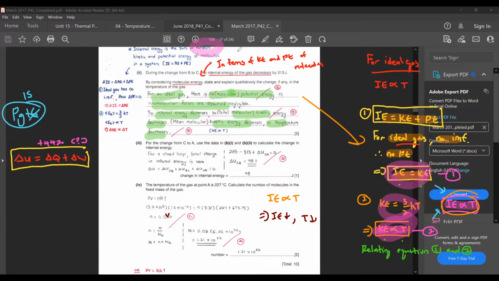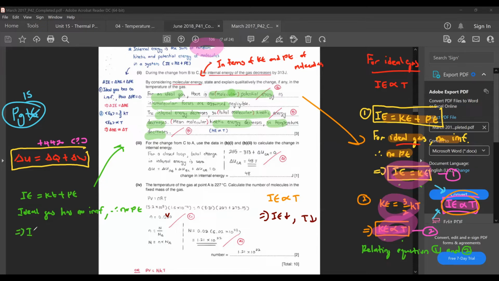Okay, this one again is a bit different from what I just wrote here. This one is based on this. Sorry, wait, let me just try and make sense for you. IE is Ke plus Pe. So ideal gas has no intermolecular force, therefore no Pe.